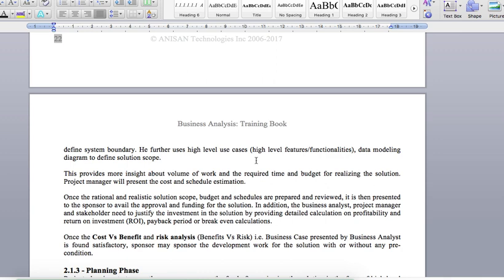Now there are two parts. If you see, one is high level use cases, which will talk about the features and functionalities, and the data modeling diagram will define the solution scope. Okay, so these are two different parts. They both will complement each other in defining your solution scope.